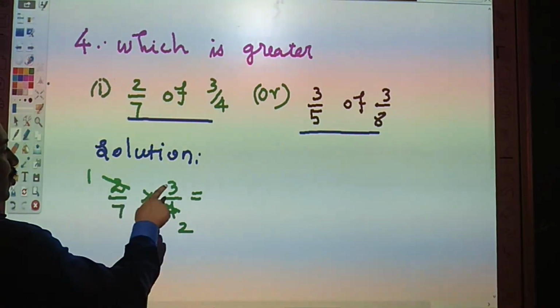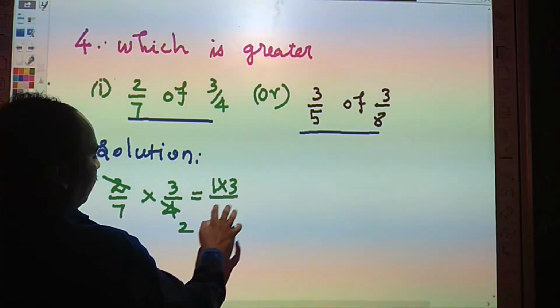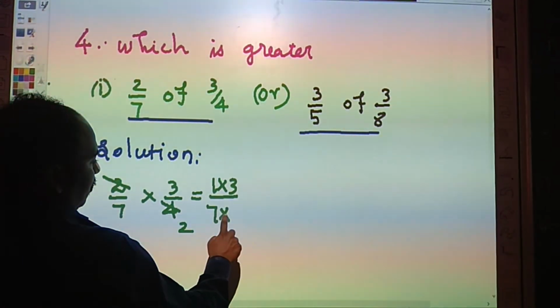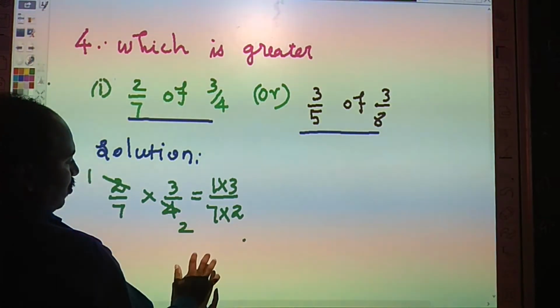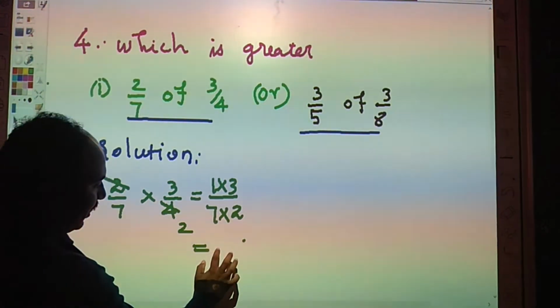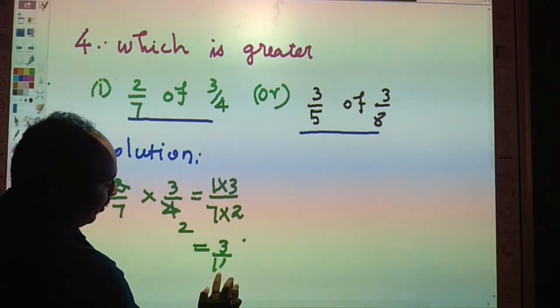Next we multiply the numerators, 1 into 3, then the denominators, 7 into 2. So our answer is 3 by 14.